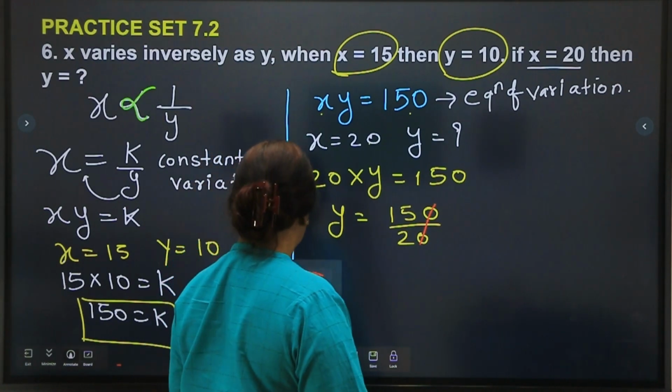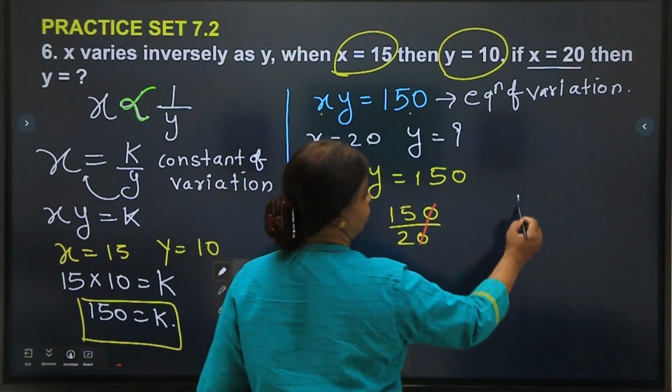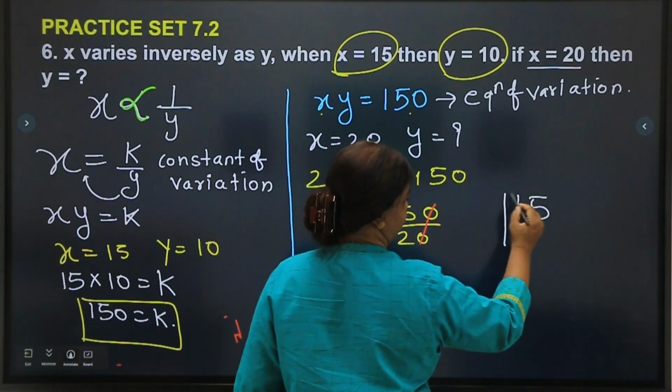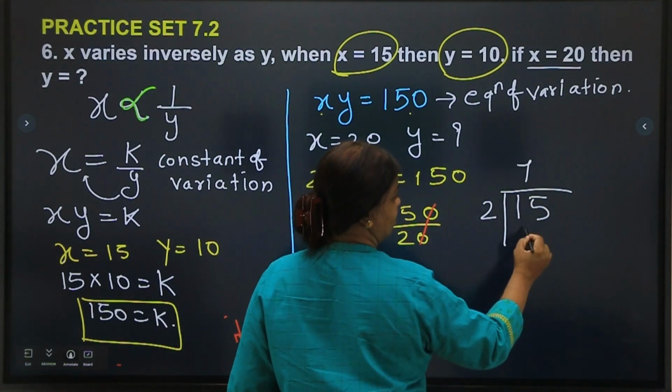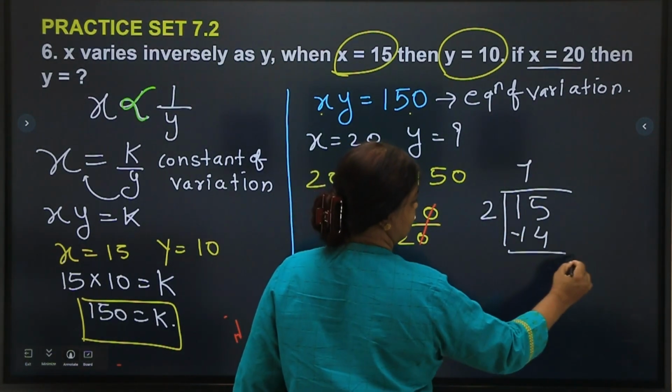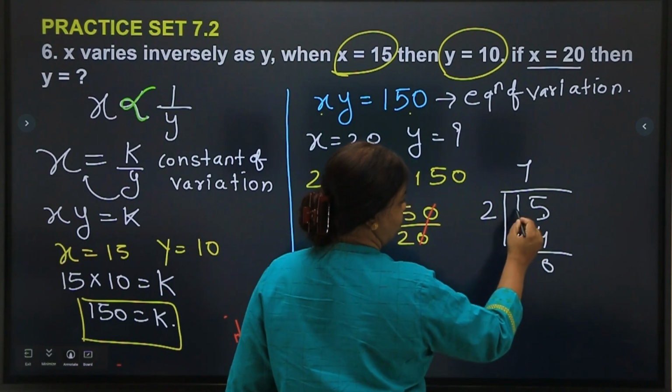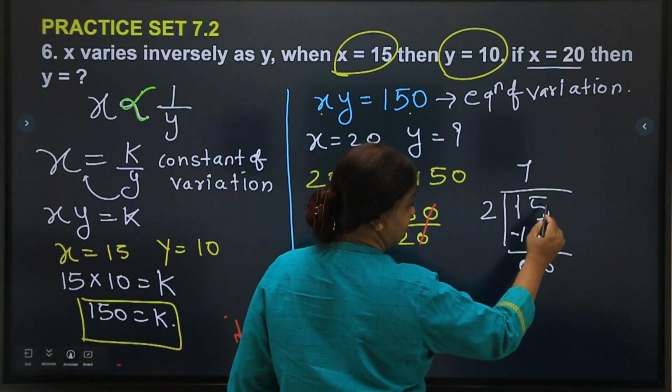Let's divide, children. I want to divide 15 by 2. So 2 7s are 14, 15 minus 14 is 1.